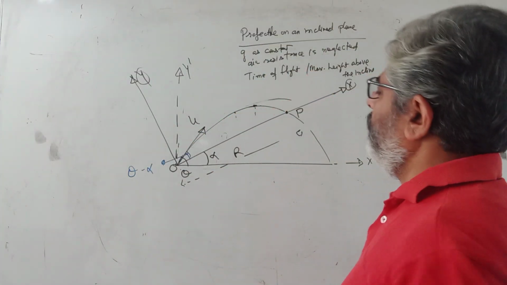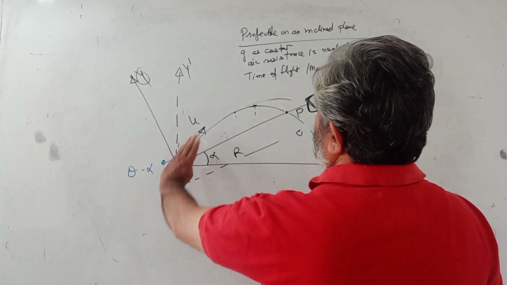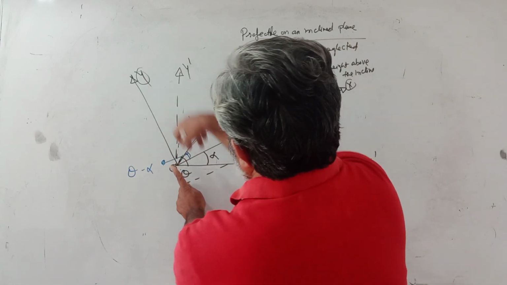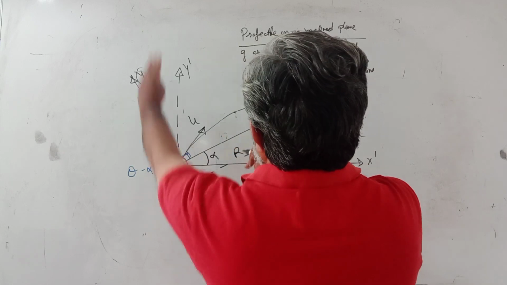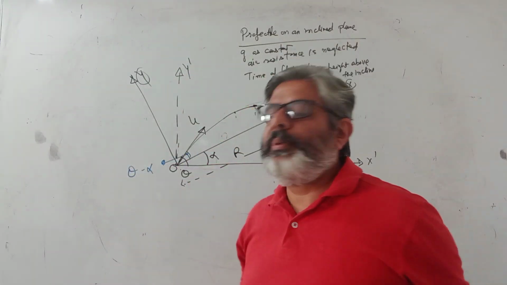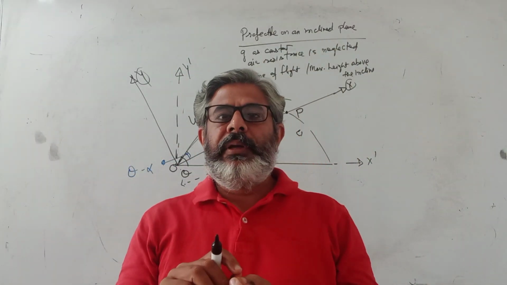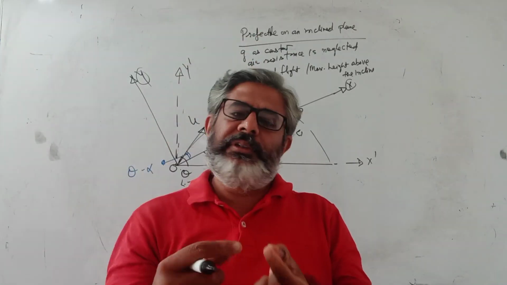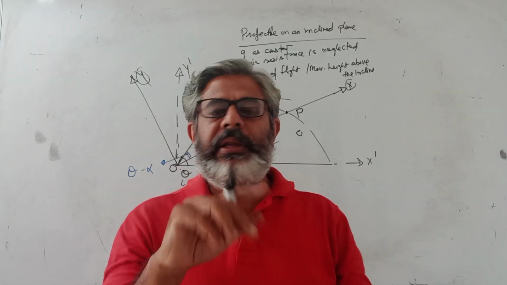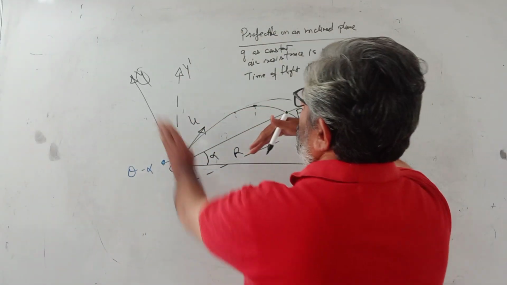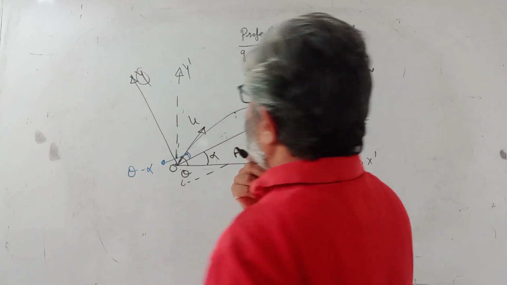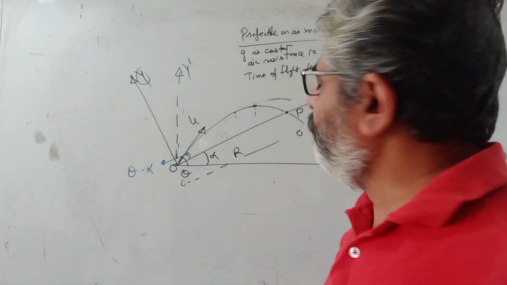The reason is, when it goes from O to P, then in this direction, when it comes from here to here, its displacement is zero. Just like when I throw it from here and it comes back here, the displacement in this direction, the vertical direction, is zero. So now along this y axis, the displacement is zero.